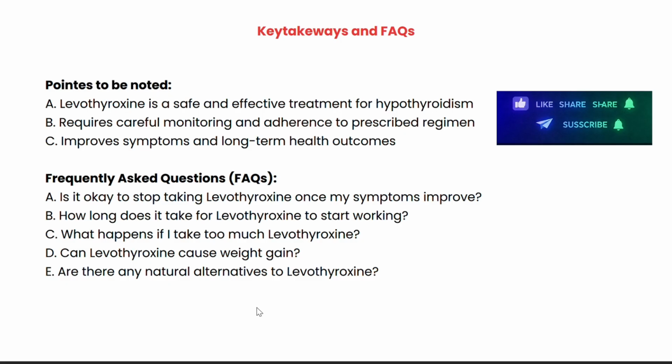So it's important to be patient and continue taking the medication as prescribed, even if you don't feel better right away. Your doctor will monitor your progress and adjust your dosage as needed.